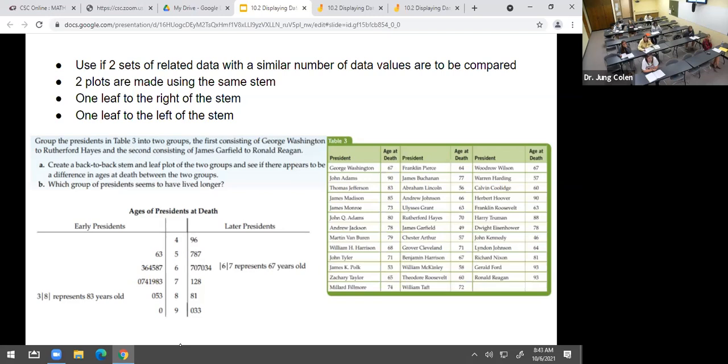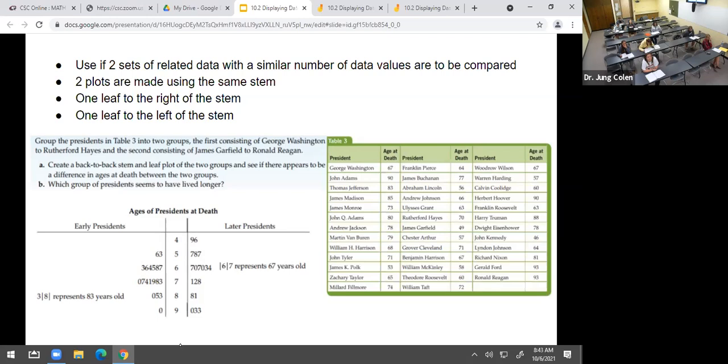Which one? Later? Why? More. So Elisa thinks later presidents lived longer because we had more numbers here in the 80s and 90s. 88, 81, 93, 93. So she looked at this part here.